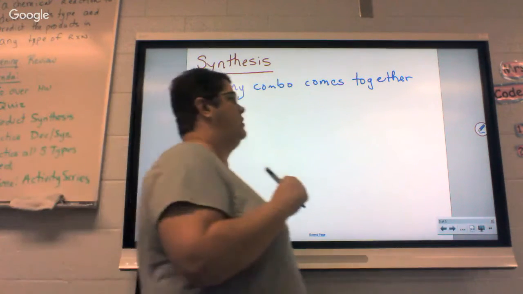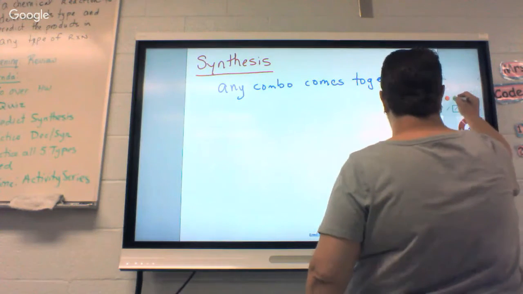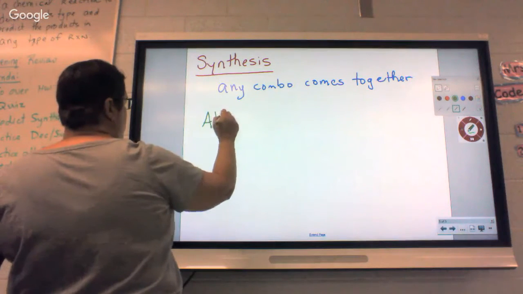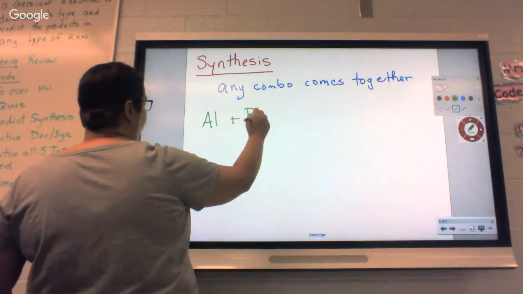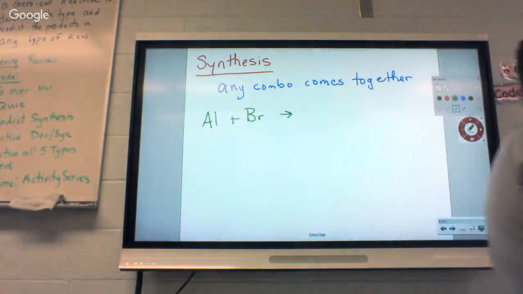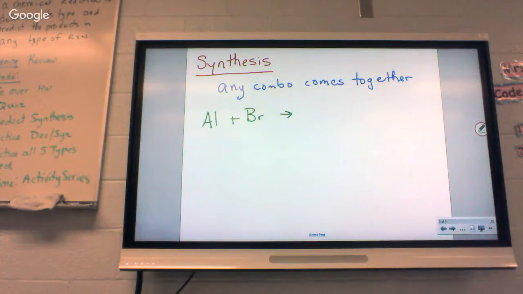Now, the easiest ones to recognize are ones like, let's say we have Al plus Br. Because if you have this, first of all, how do you know it's not a single displacement? There's no compound. How do you know it's not a double displacement? It doesn't have two compounds. How do you know it's not combustion? There's no what?